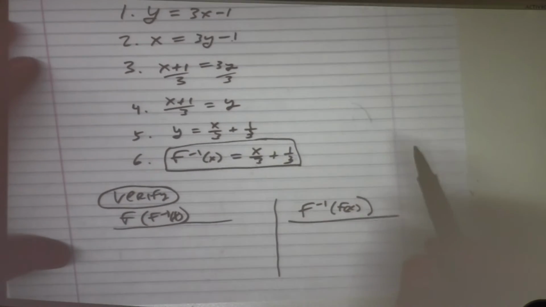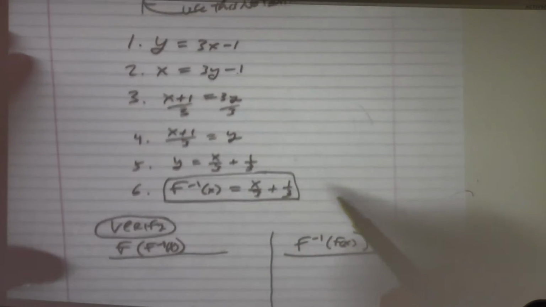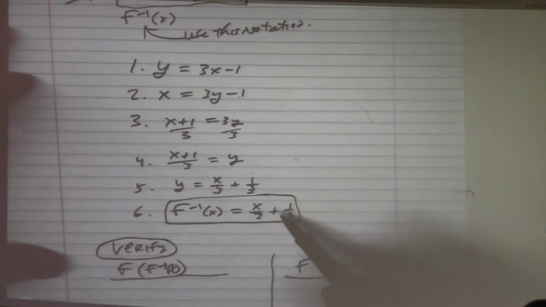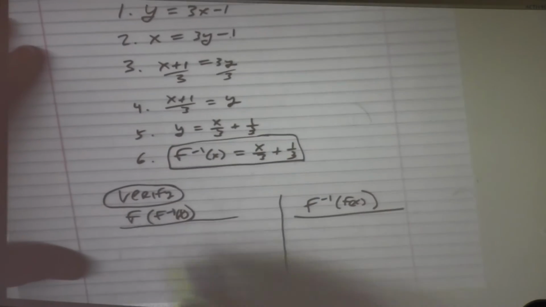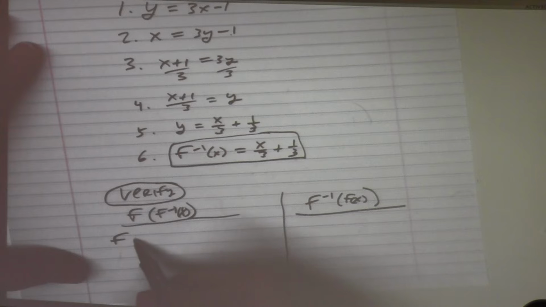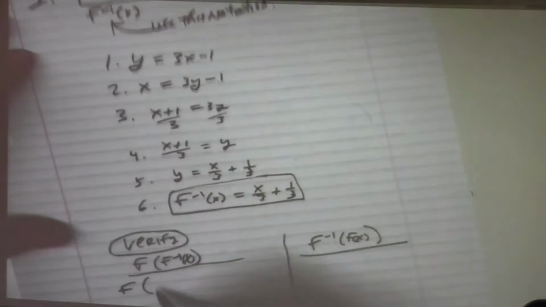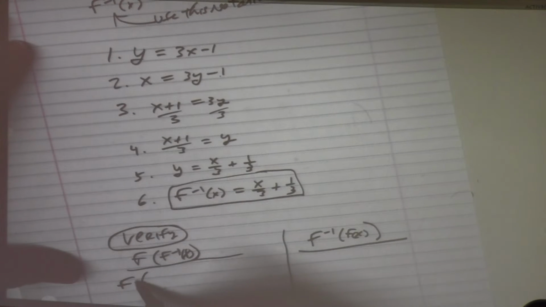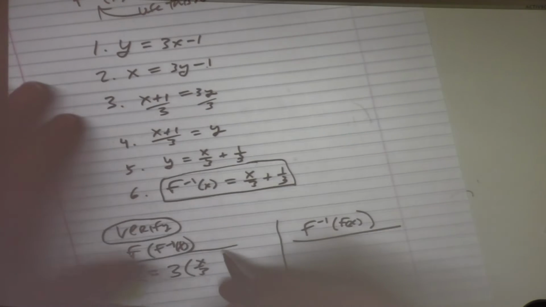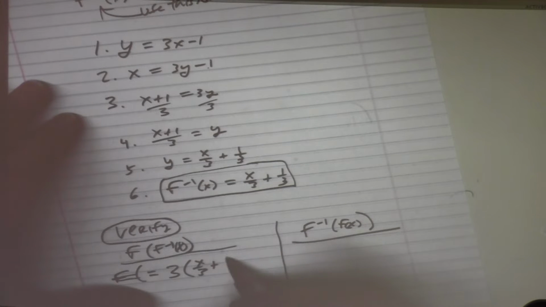So now here, we're going to take one of these. In this case, we're going to take this one and put it inside here. Actually, all I really need to do is take this and put it in here. I'll write it as 3x over 3 plus 1/3, minus 1.